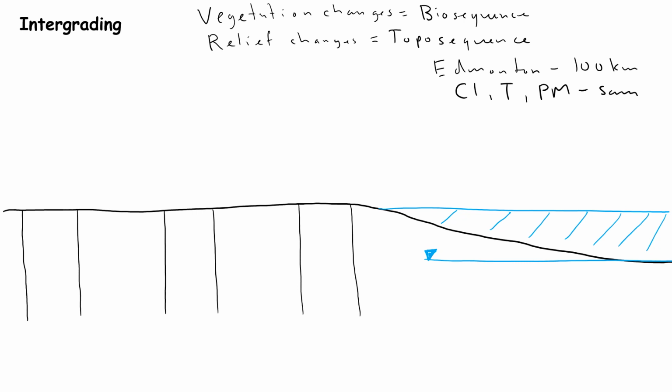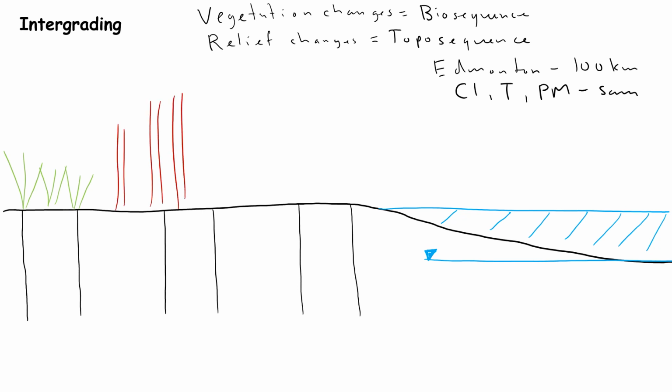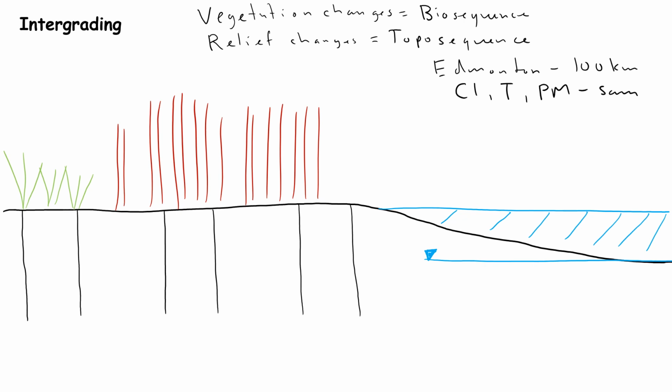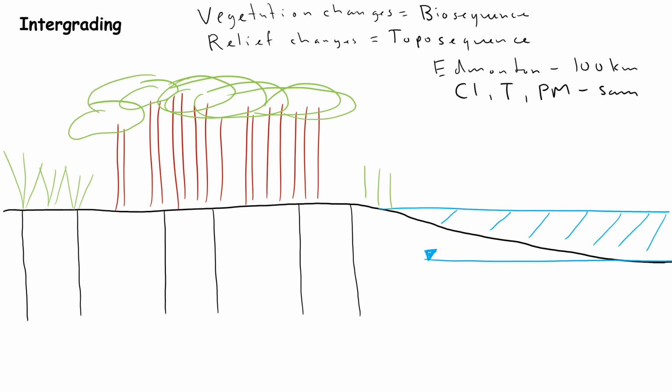And so what we might find on a site like this is grassland changing into parklands, aspen parkland, changing into maybe some cattails or bulrushes over here, and sedges on the edge of a wetland.